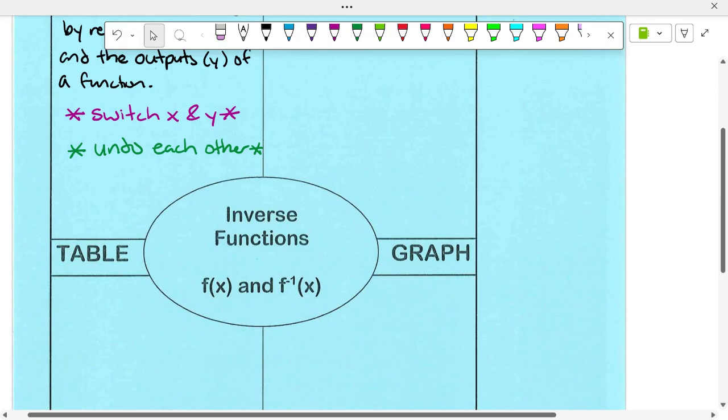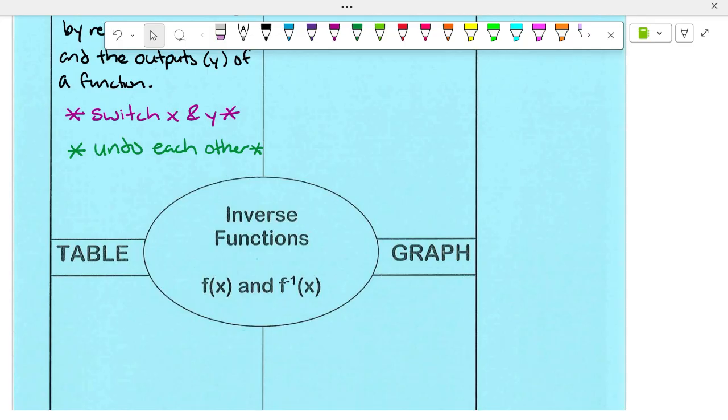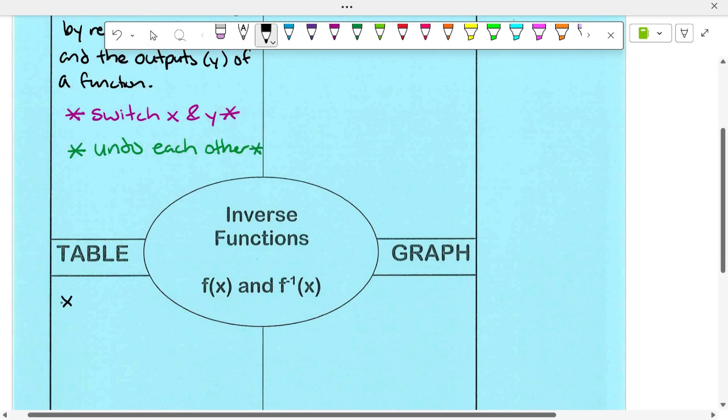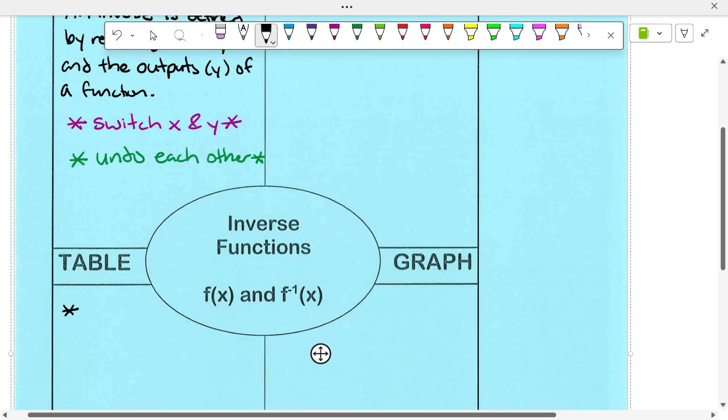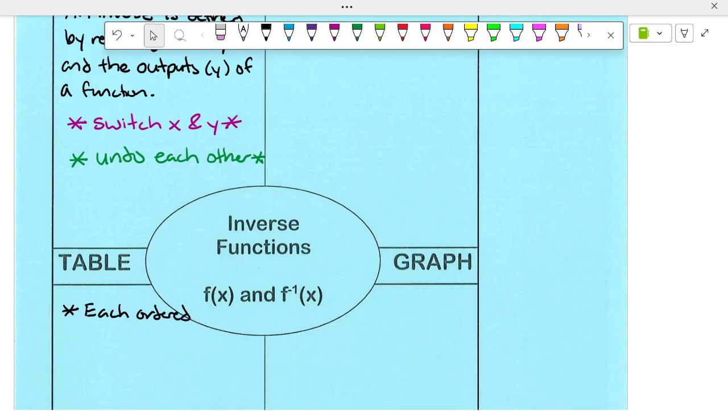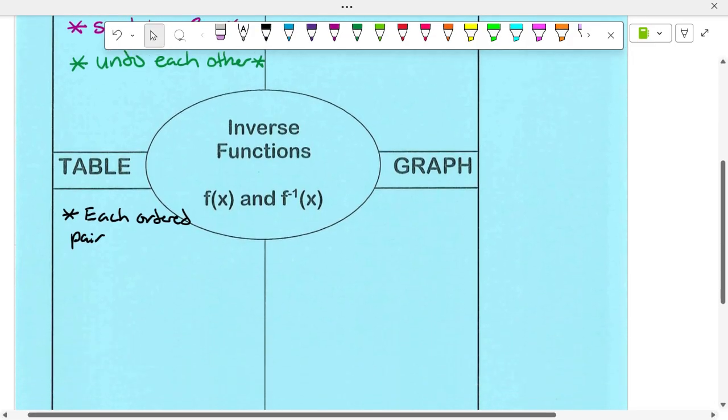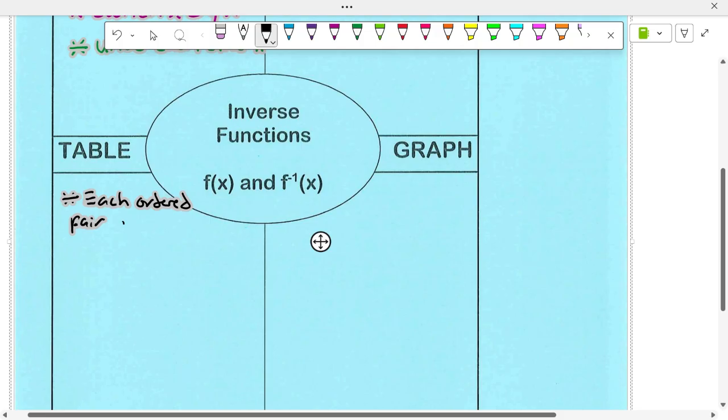Now, let's review the first type of method we saw with seeing inverses, which is through a table. A table is probably the easiest way to deal with inverses because each ordered pair is reversed.